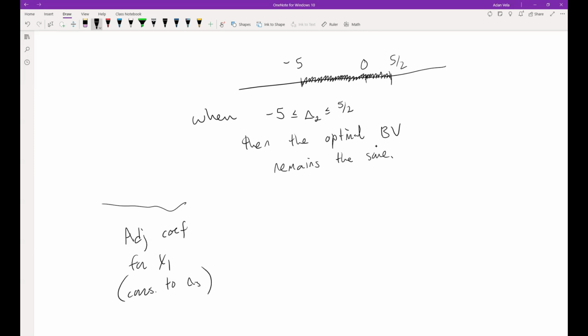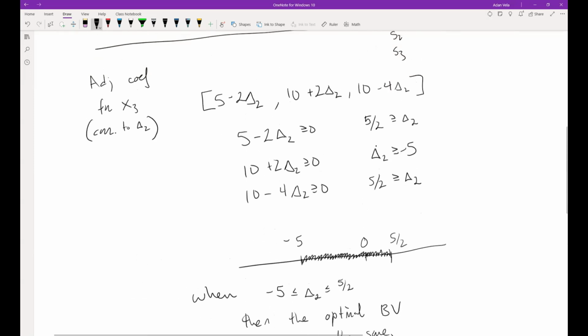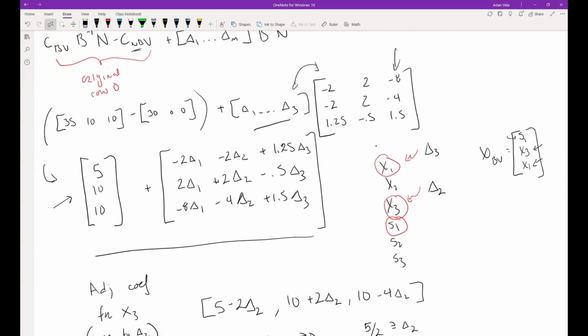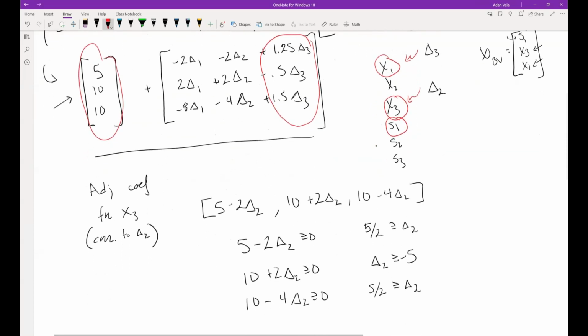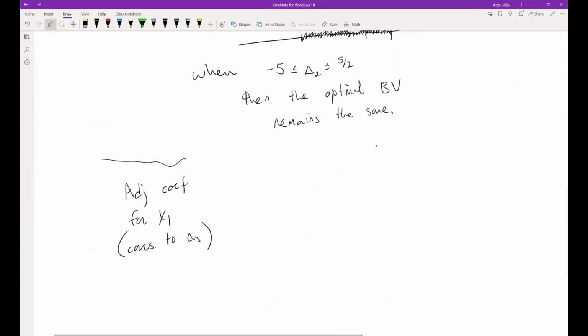So here we're only going to change delta 3. And so we want to pull out all the parts of the equations that have delta 3 in them. We're going to assume delta 2 and delta 1 are 0, and we're going to keep this 5, 10, 10. So we can write those equations as they show up.